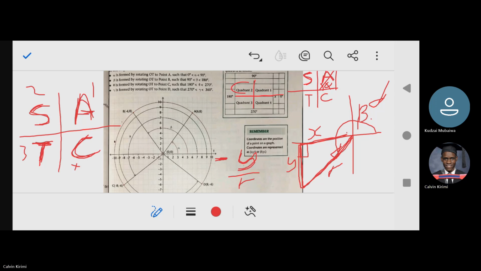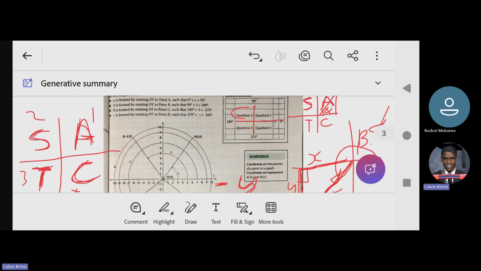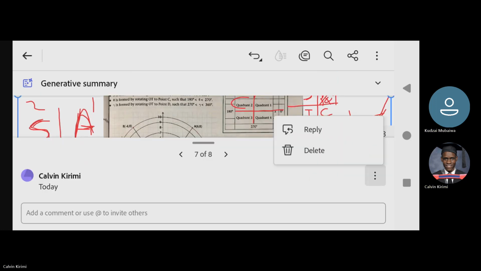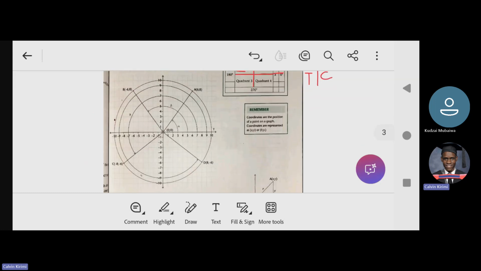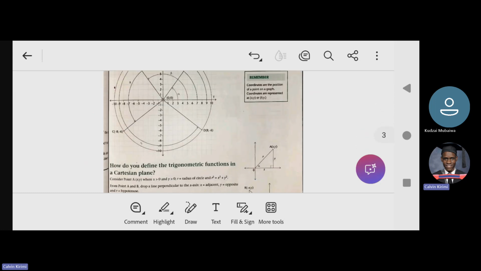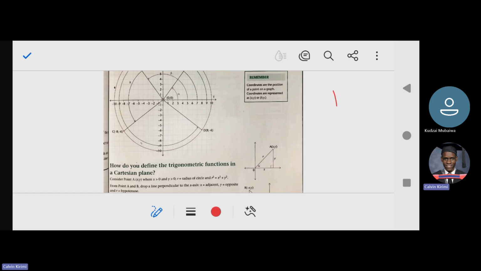We are done with the triangle in quadrant number 3. Let's draw a triangle in quadrant number 4 now. Let's put our angle. It's a triangle in quadrant number 4.